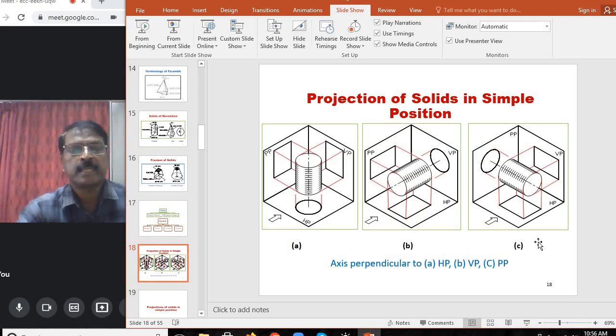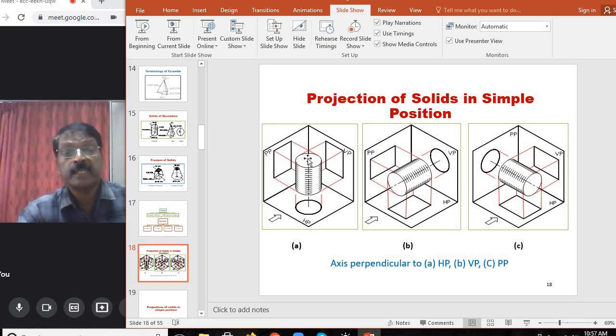Now let us consider the projection of solids in different positions. Position means we consider one quadrant covered with one vertical plane, one horizontal plane, and a profile plane. We consider the object, for example a cylinder, placed above the horizontal plane and in front of the vertical plane, with the observer viewing in the arrow direction. We consider a simple position.